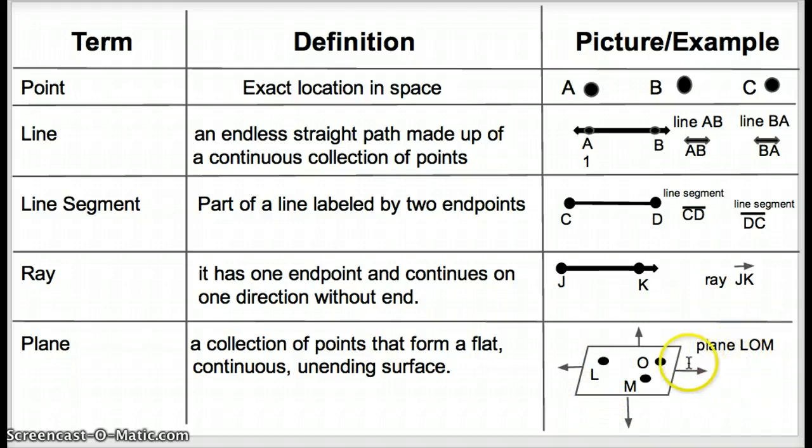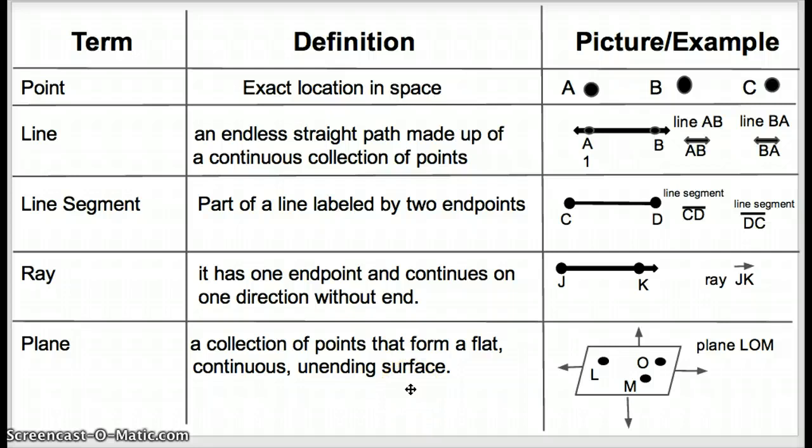A plane. And there is technically no symbol to write the word plane, or to write a plane out. You would just use the word plane. Plane LOM. There's no symbols like the ray symbol, or the line segment symbol, or the line symbol up here. You just write out the word.